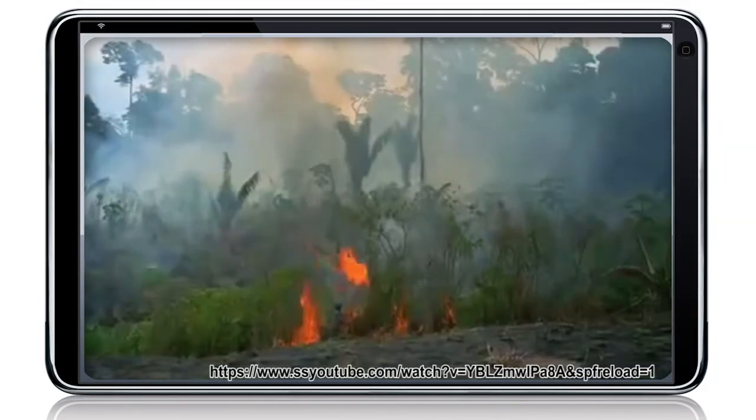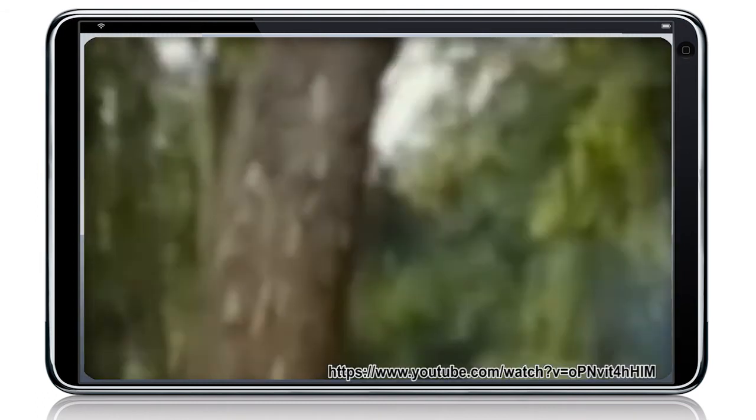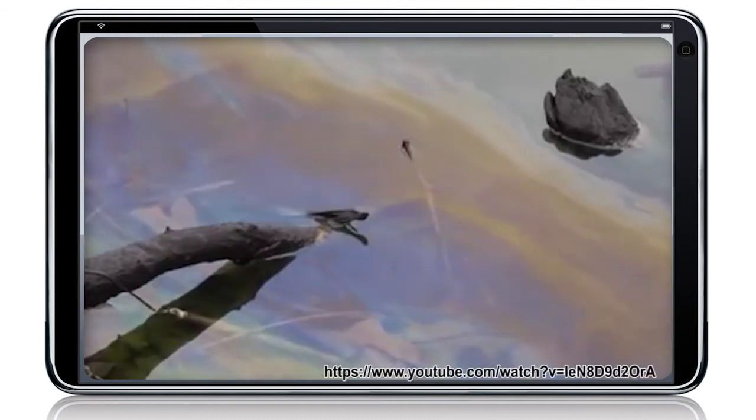Examples of environmental risks are soil degradation, deforestation, inadequate waste and sewerage disposal, destruction of fauna, oil pollution, and others.